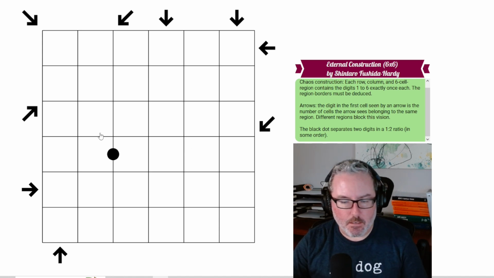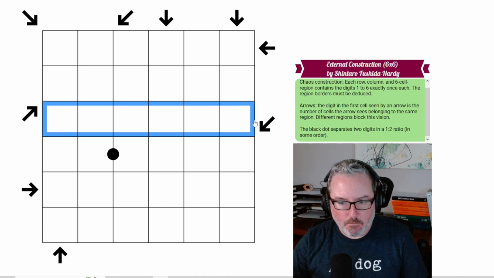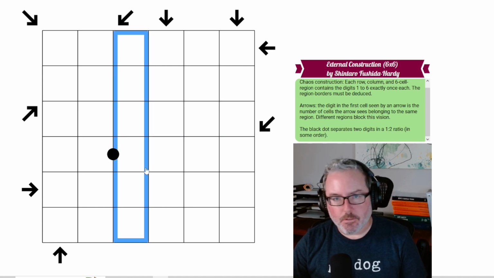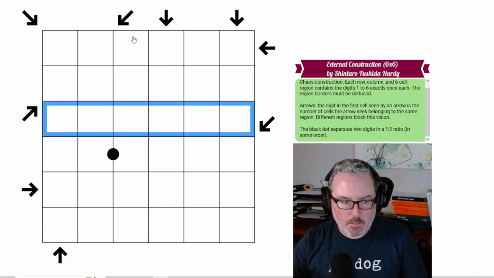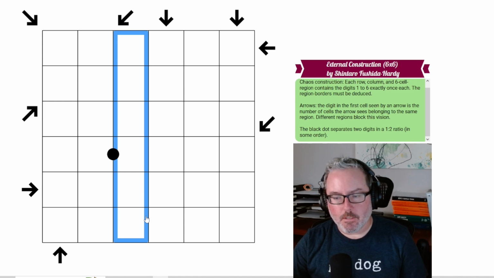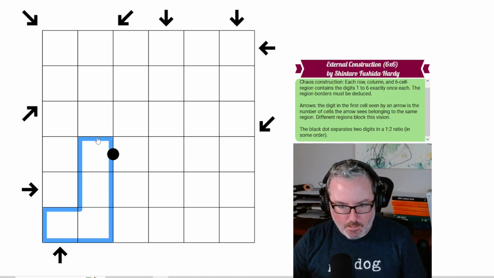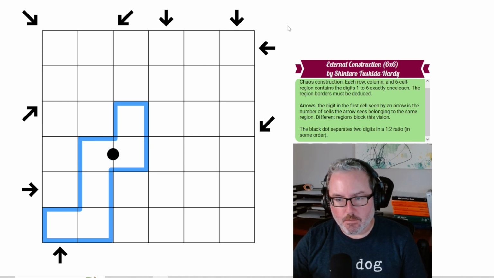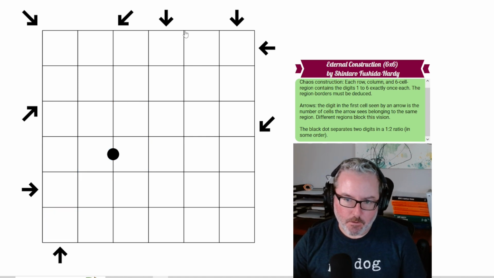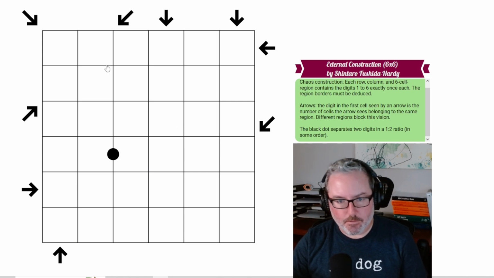So what does that mean? Well, in terms of our rows and columns, it's our normal Sudoku. The rows and columns must contain the digits 1 through 6 exactly once each. But as I pointed out, there are no dividing lines for the regions given.